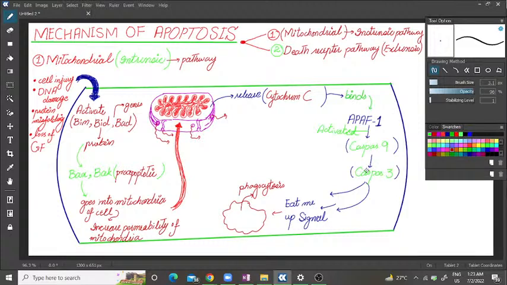This Caspase-3 becomes activated by the activated Caspase-9.